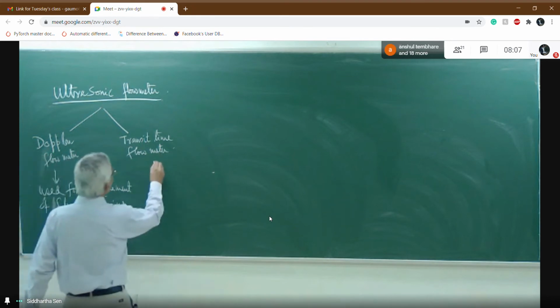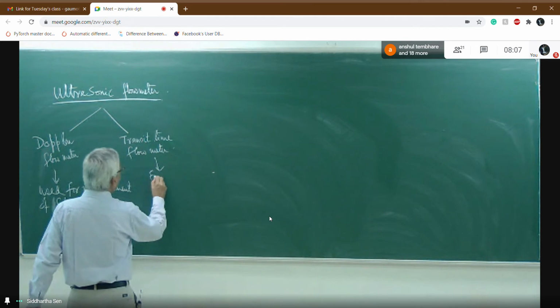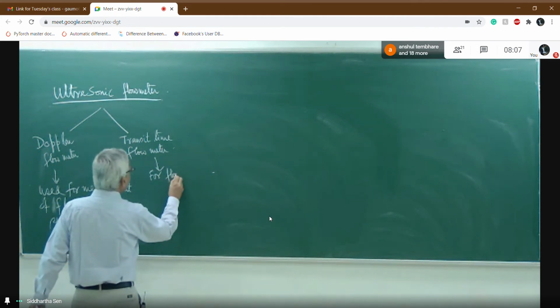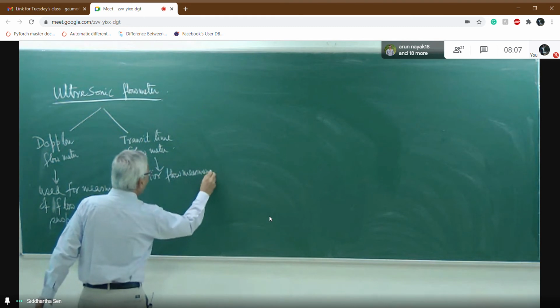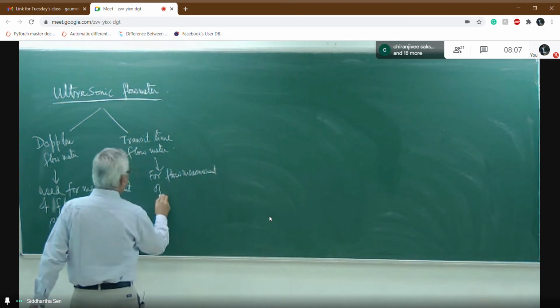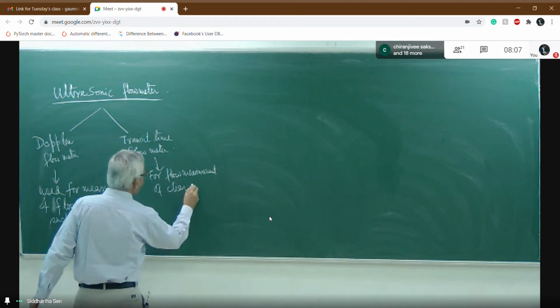And the transit time flow meter is for flow measurement of clear liquid.